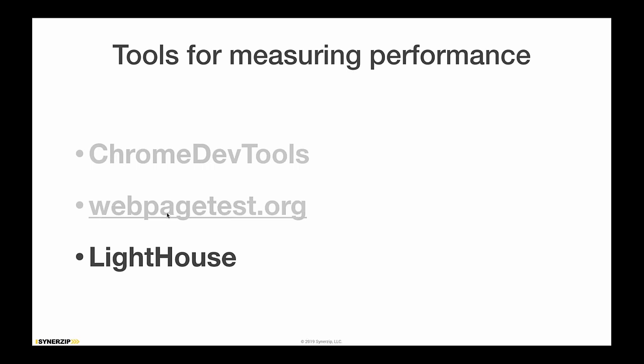It gives a report on load performance, as well as suggestions on how to improve. It also has the ability to audit accessibility, how to make the page easier to maintain, and it also measures your qualification as a progressive web app. And there are a few more checks which you can do, such as search engine optimization.